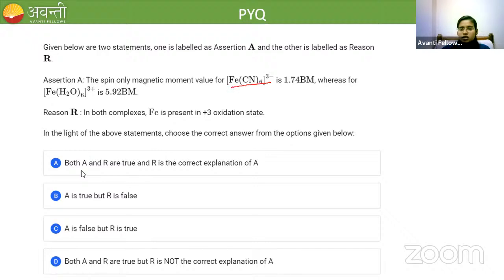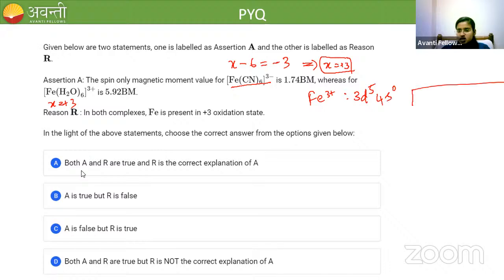So here X minus 6 equals -3. So X is equal to +3. And here also water is a neutral ligand. So X is equal to +3. Oxidation state is same in both. But what about the magnetic moment? In Fe3+, we have 3d5 electrons and 4s0. Okay. This is the configuration.